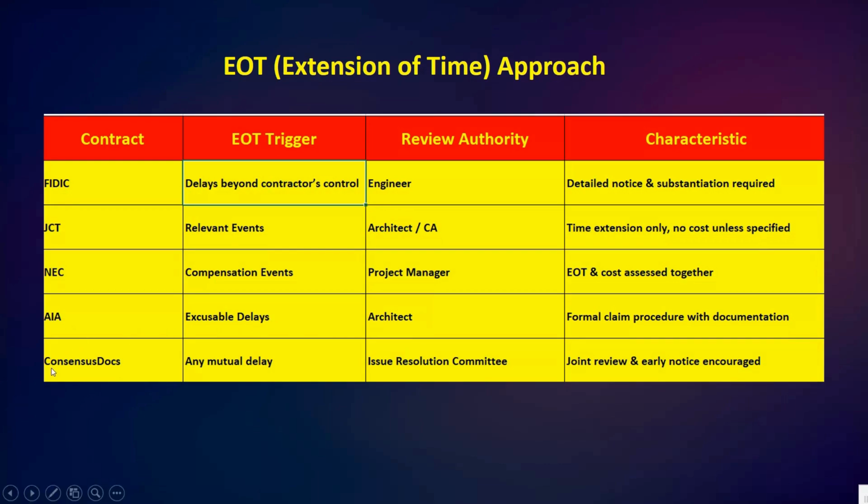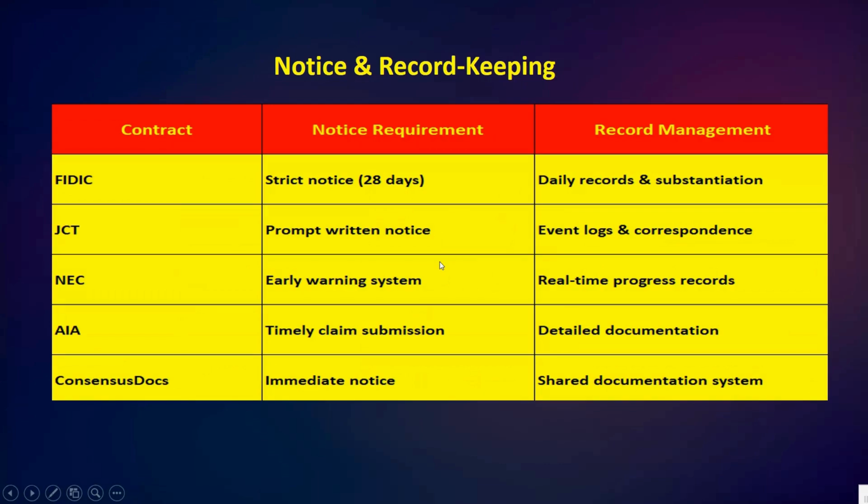Last, we have ConsensusDocs. ConsensusDocs encourage joint review. Both parties discuss delays early through an issue resolution committee. So you can see how NEC and ConsensusDocs focus on collaboration, while FIDIC, JCT, and AIA follow a more procedural route. I hope this is clear.